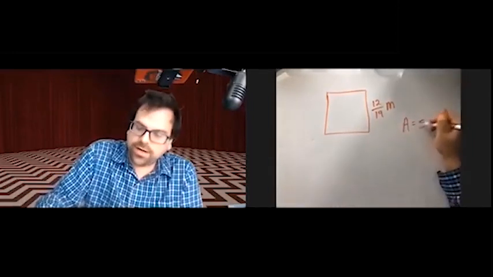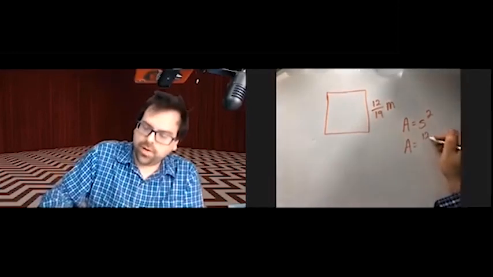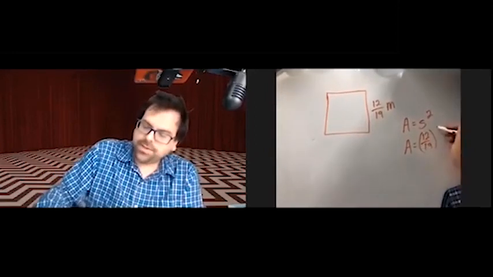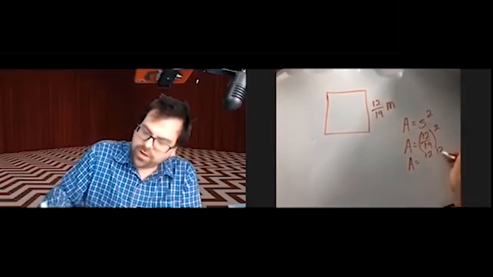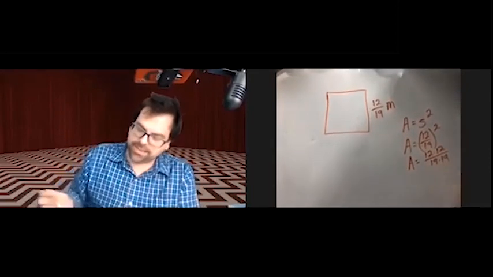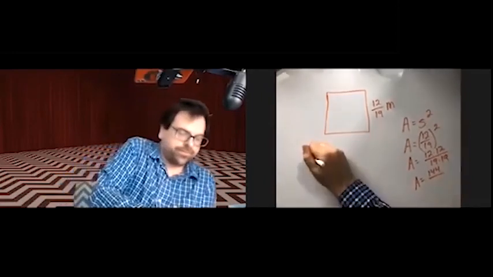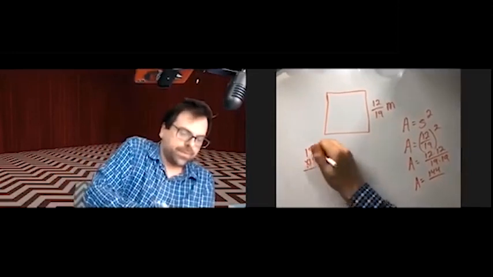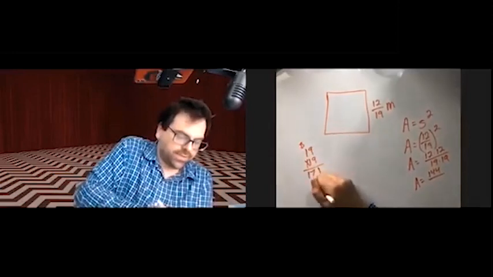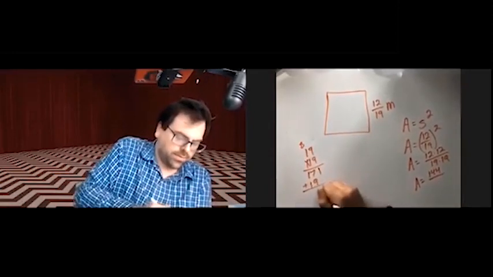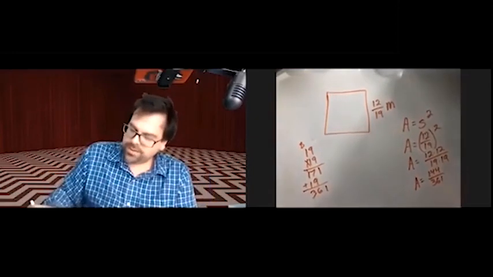The area of a square is the side squared. So the area would be 12/19 squared, which is 12 times 12 over 19 times 19, which is 144 over... Have to multiply. 9 times 1 is 9, plus 8 is 17. 361.